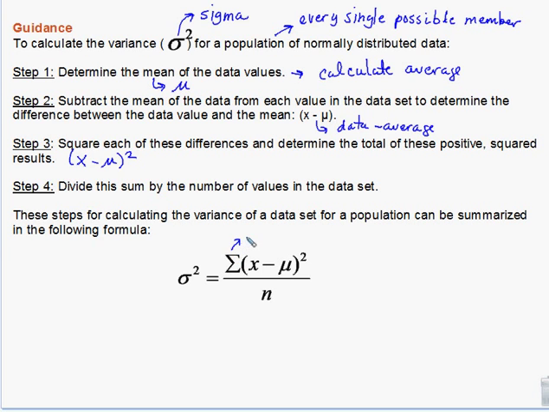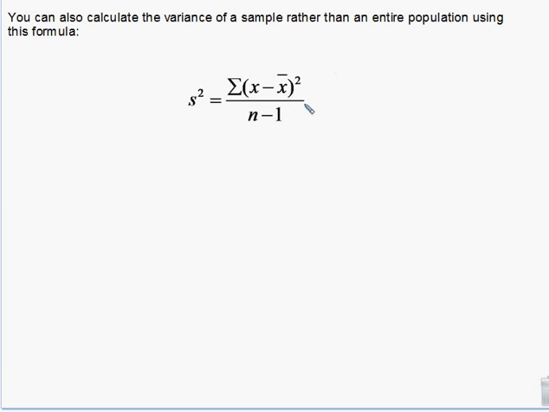So we take the sum of the data minus the average, squared, divided by the number in the population, how many there were in the population. And that gives us the variance. Okay so far?